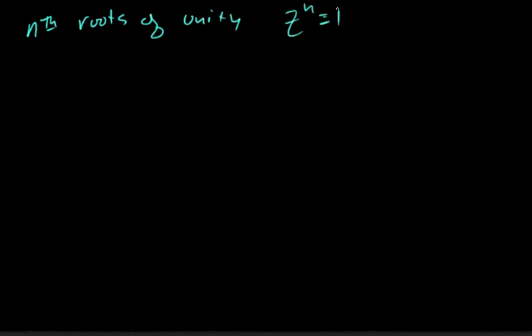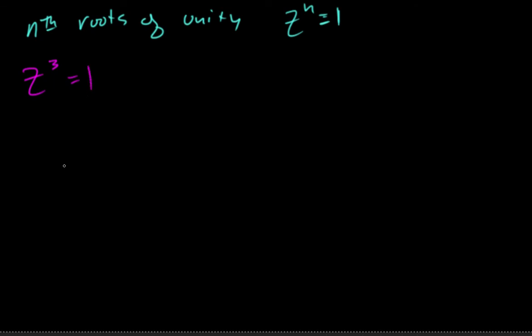It says find the 3 cube roots of unity and display them on an Argand diagram. So the nth roots of unity are the solutions to this. What we want to find is z to the third root equals 1.